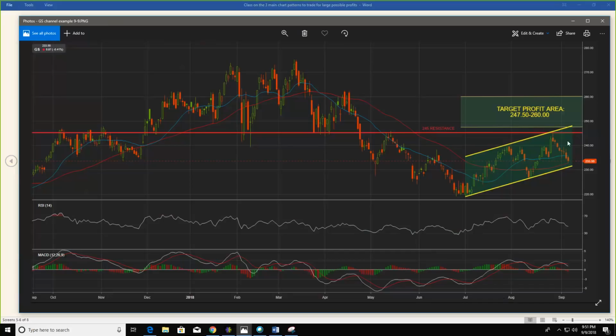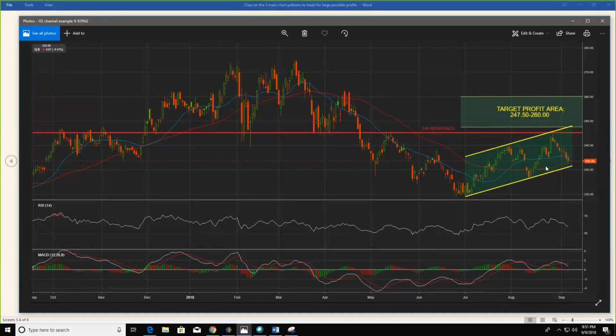And then, like I said, your target profit area is going to be halfway up between the two channel lines. So from support to resistance, if that's, let's say, 20 points, then 10 points higher from the bottom of the channel, that's your target profit area.